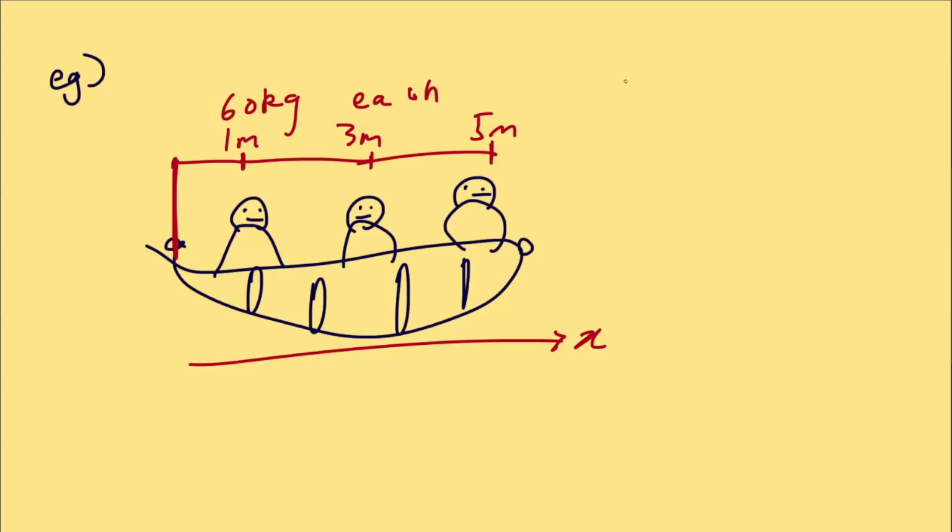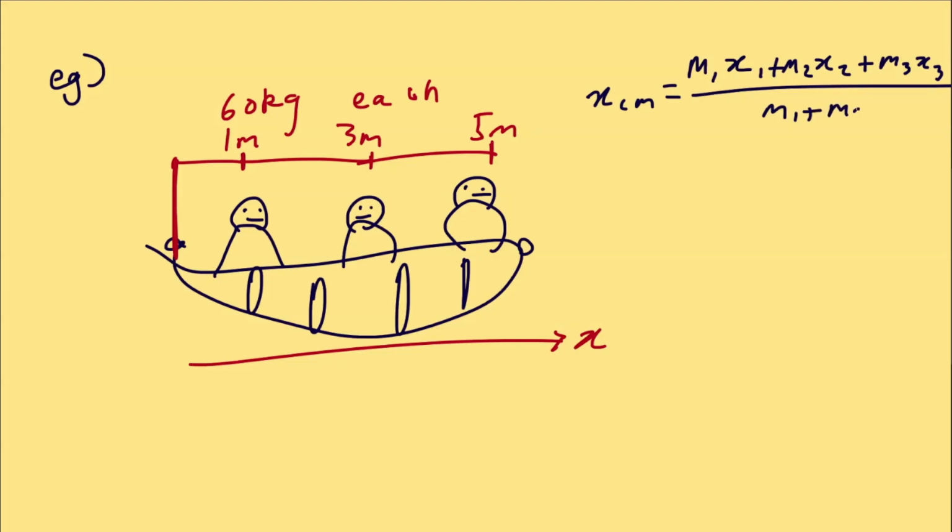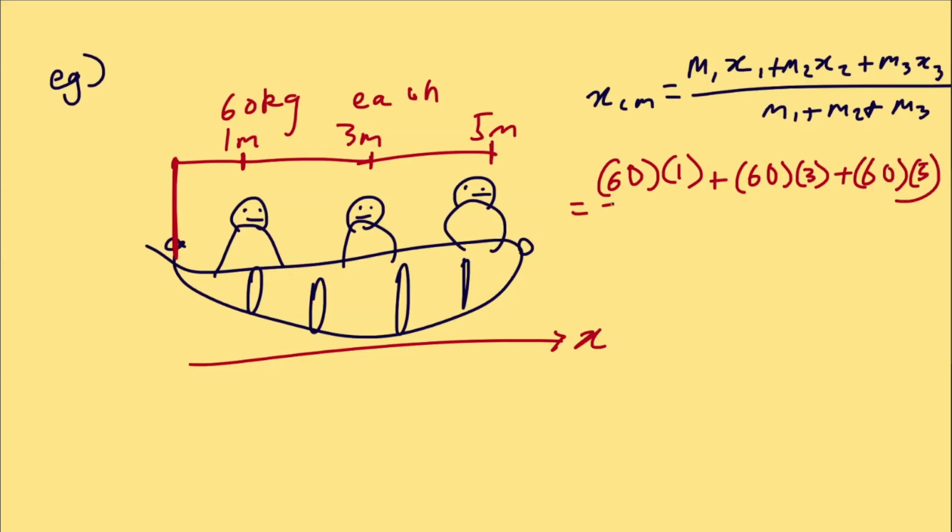Let's use the formula we just talked about. The center of mass position is the mass times position for each friend, divided by their combined mass. This is equal to 60 times 1, plus 60 times 3, plus 60 times 5, all divided by their total mass.